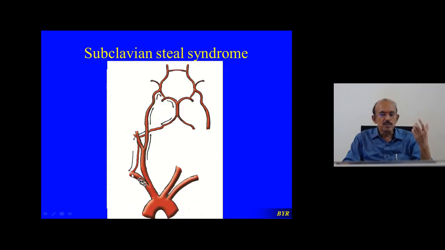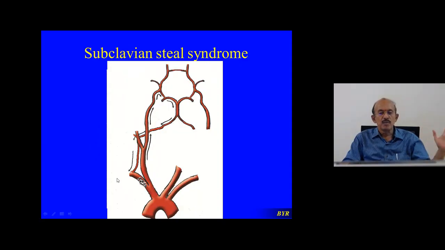Peripheral to the occlusion, whenever there is a demand, there will be vasodilatation. Because of this vasodilatation, the blood from the circle of Willis will pass through a reverse channel. That means the vertebral artery usually should pump upwards, but now the blood is being sucked into the subclavian artery.